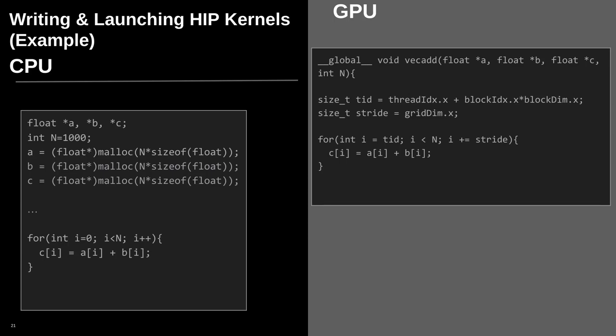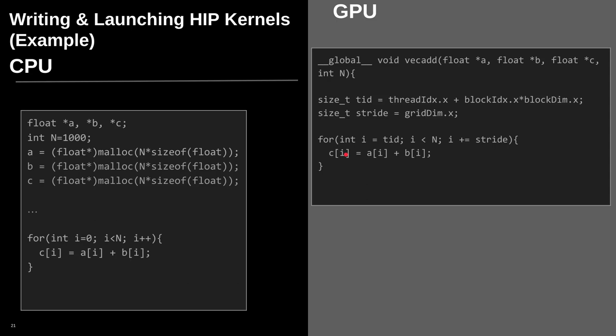Thread 0 is going to do index 0, it's going to do index 100, 200, 300, 400, etc. So what it's actually doing is, thread 0 is going to access A at thread ID, B at thread ID, add those together, store at C at thread ID.